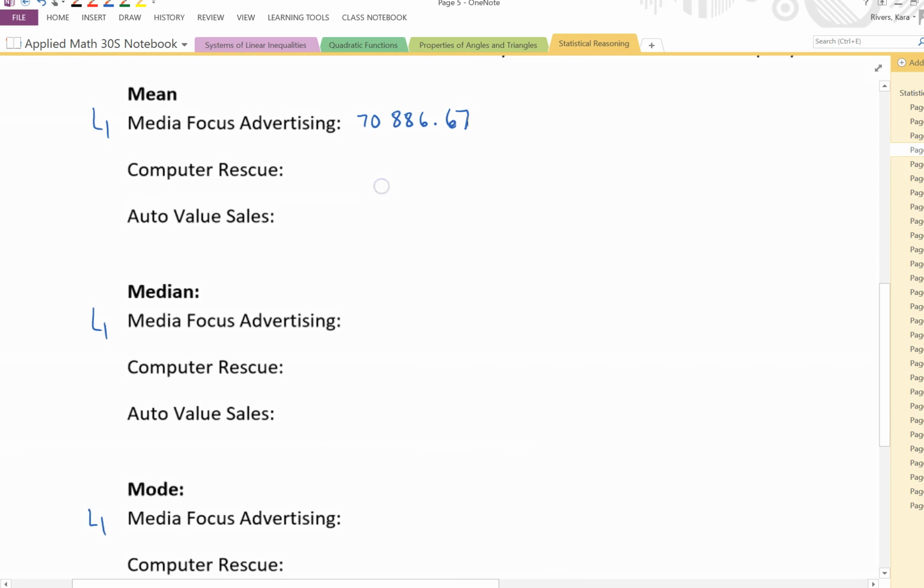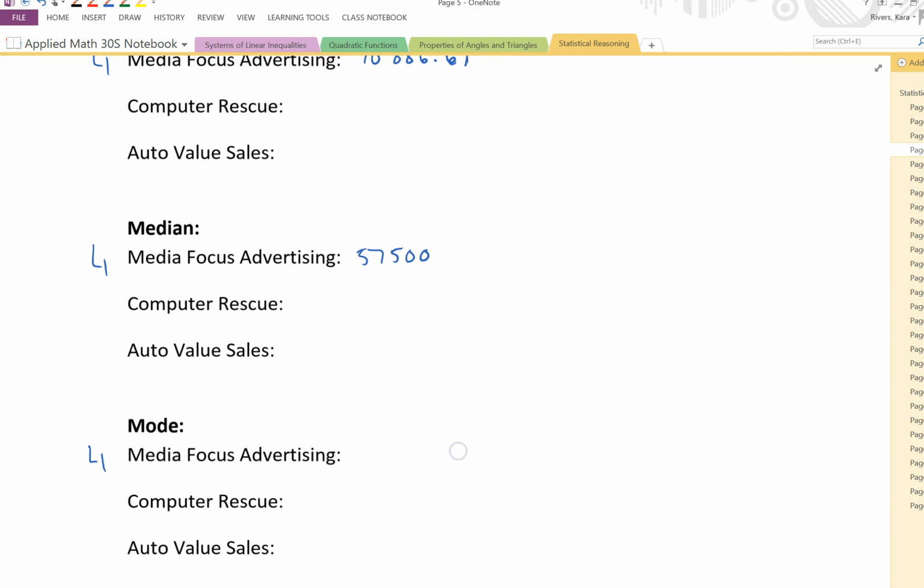The median, 57,500. Oops, extra zero, $500. You could put dollar signs if you want, but we can just leave them because we know what we're talking about is money.